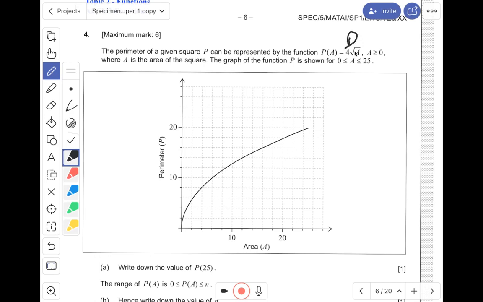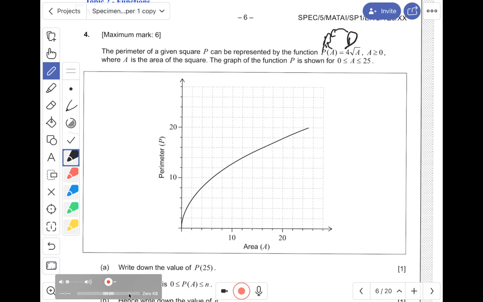Okay, so when a is there, the graph of p is shown for 0 to 25. Okay, and that is going to be basically the range of your function. Okay, so input, output, domain goes to range. That's for the function itself. Okay, we're going to switch that around and find an inverse function in a second here.